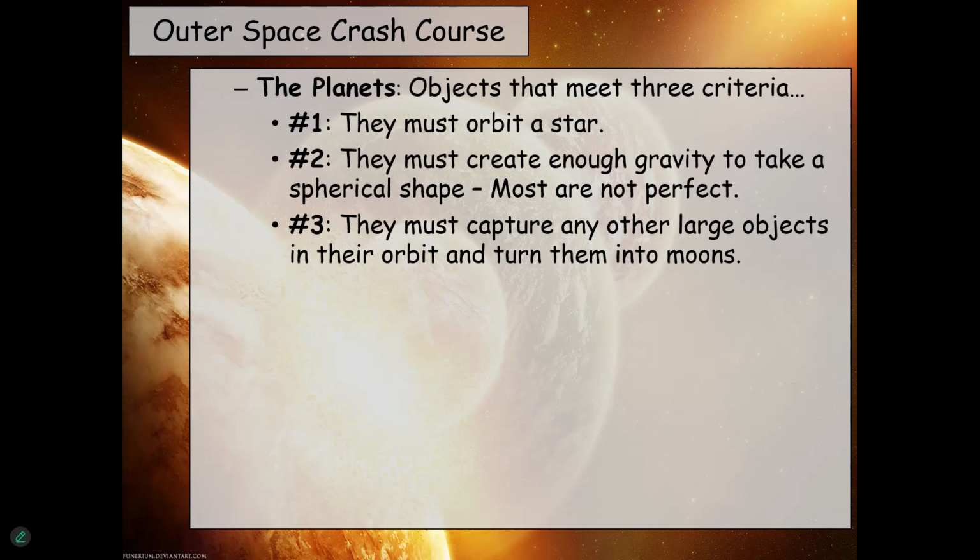And anything that passes through your orbit as a planet candidate, you have to be able to pick that up with your gravity and either drag it down to your surface so it becomes part of you, or capture it and make it orbit around you, and basically turn it into a moon or a satellite, I guess is really a better term.